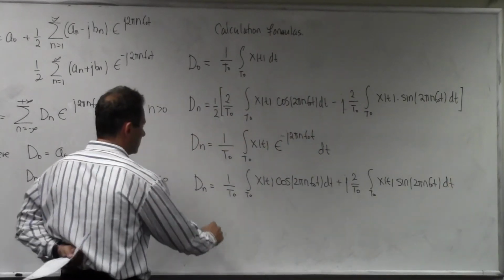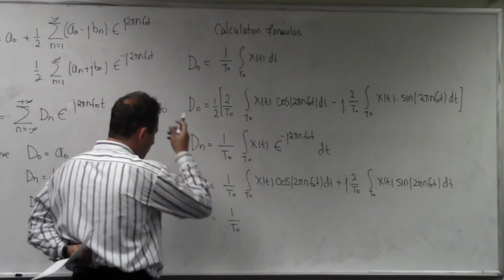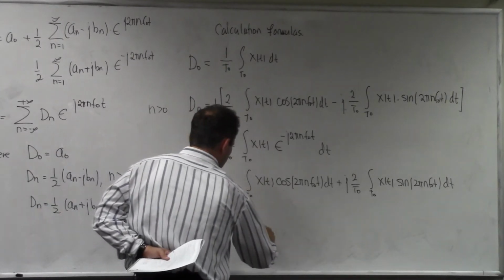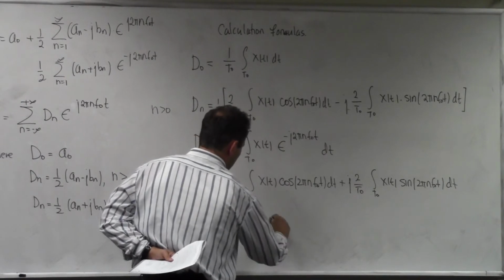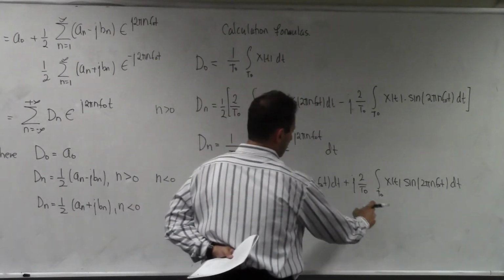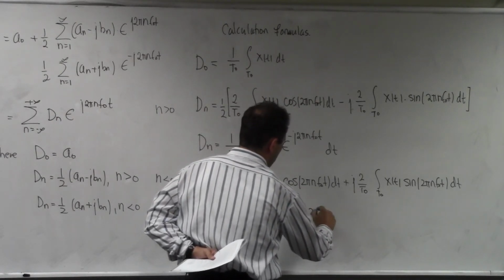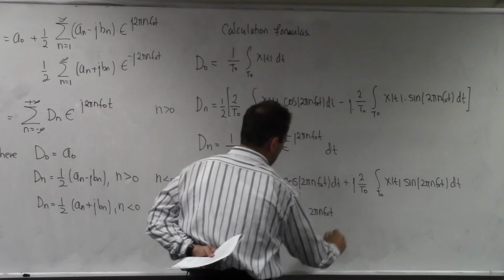And then you can see that this is 1 over T0 integral over T0 x of t, and since I can write this now as e to the j 2 pi n f0 t.